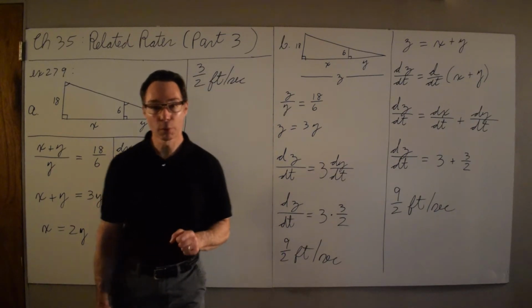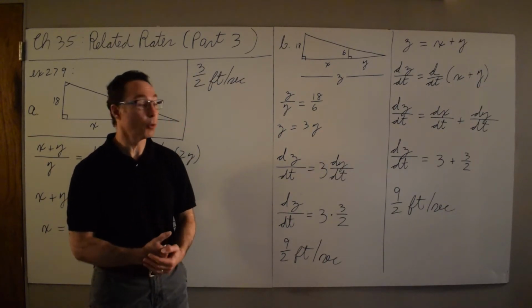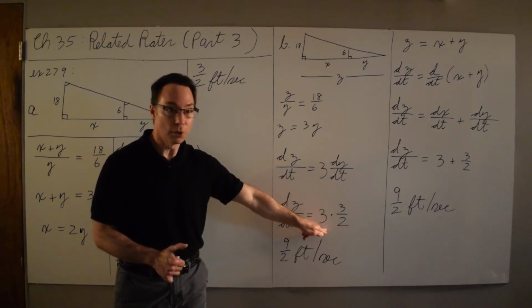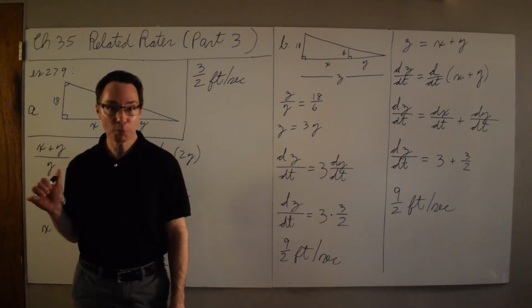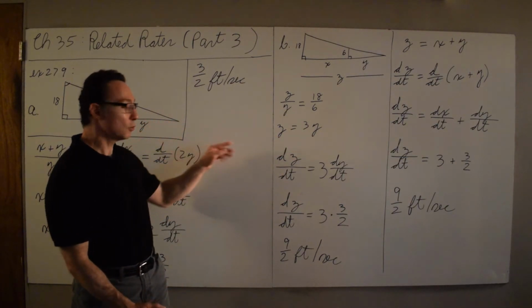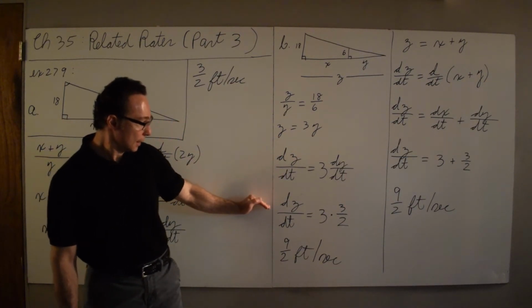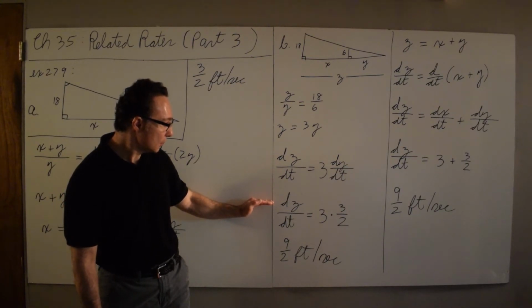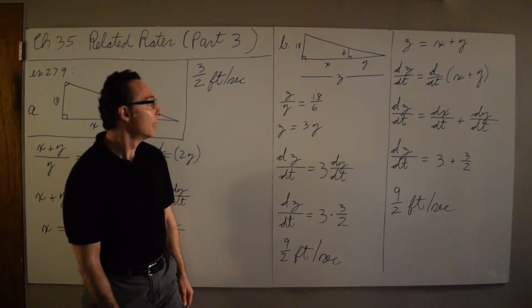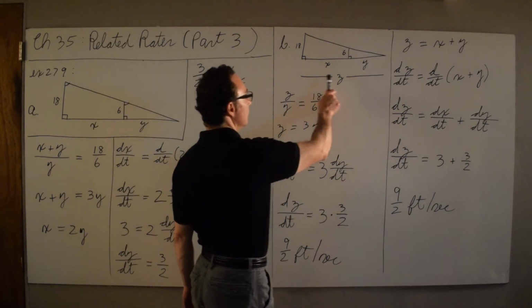So we sort of have a related rate question inside of a related rate question. So we had to know dy dt in order to do this. If we didn't have part A, we would have had to have found this rate of change first. And so now we just substitute our 3/2, and we have 9/2 feet per second. That is the rate of change of z.